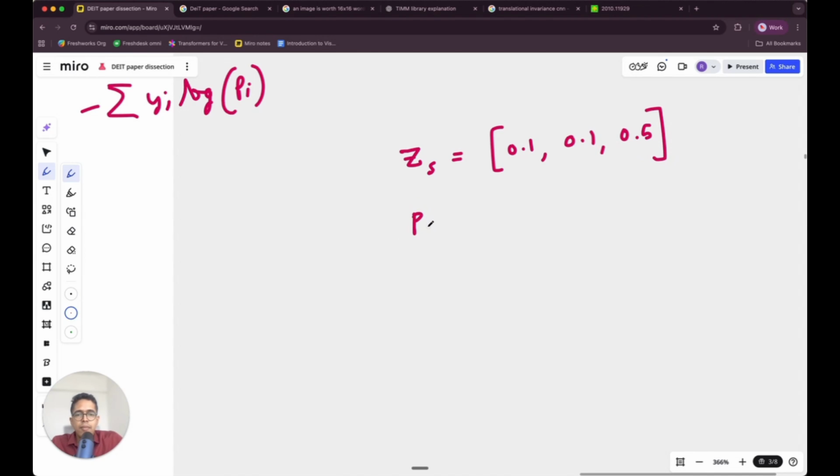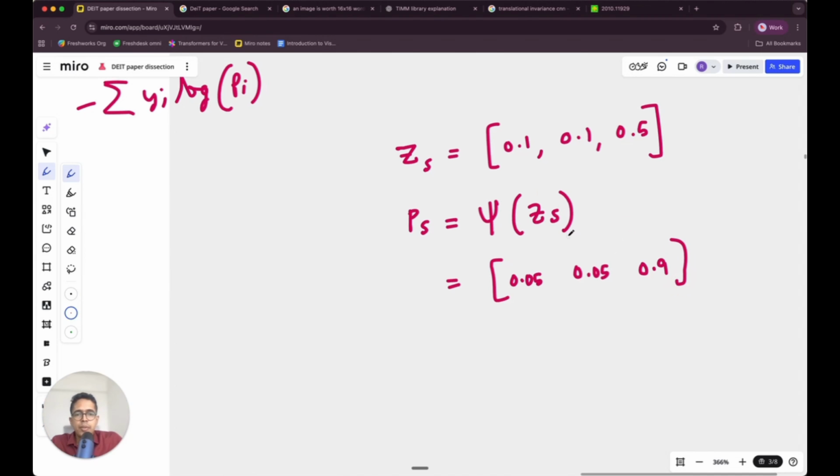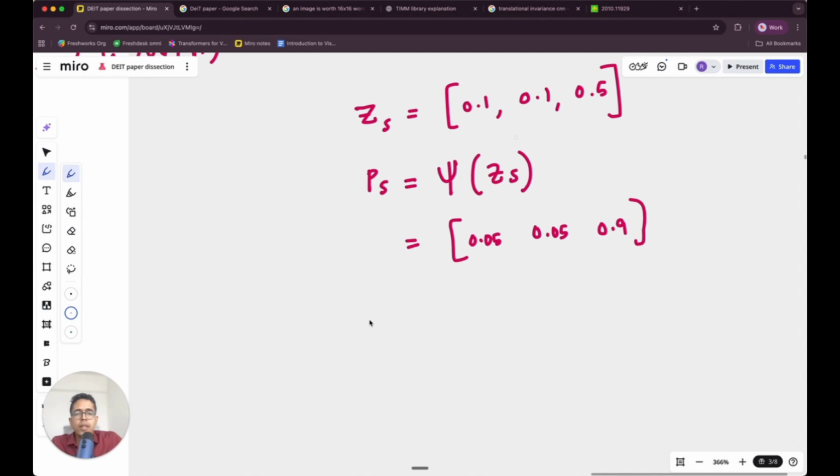Then I can have the probability due to student by taking softmax of this. So sigma of ZS, and let's say it looks something like: last item is 0.9, this is 0.05, this is 0.05. I know that softmax of these 3 numbers will not result in this, but I'm too lazy to do the calculation right now. Now similarly for the teacher, these are my logits: 0.5, 0.1, 0.1.